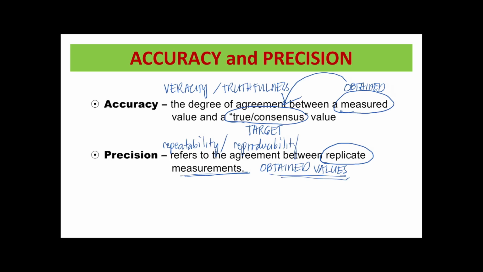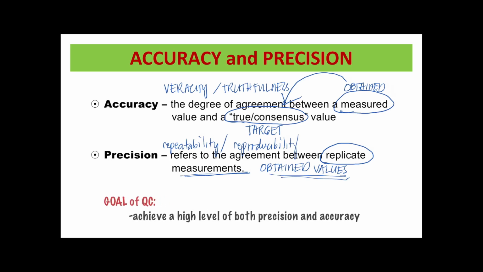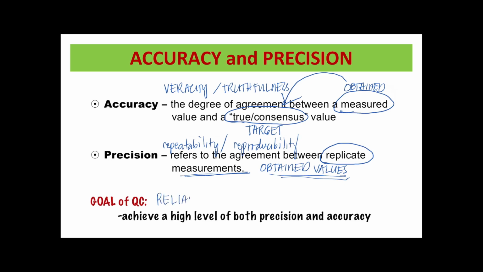That's your precision. So what is the goal of quality control? The goal of quality control is for us to have reliability. When we say reliability, that means you maintain accuracy and precision in your laboratory over an extended period of time. It's not enough that you have precision or that you have accuracy.